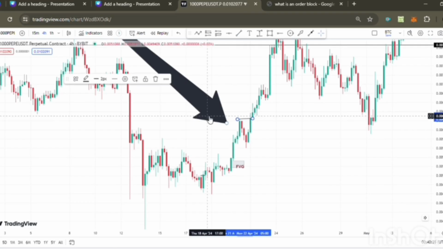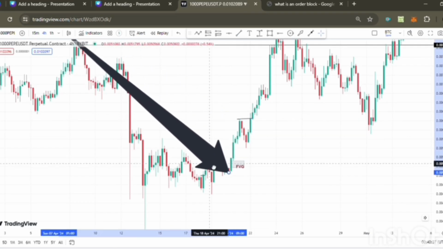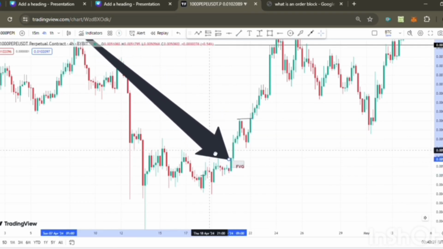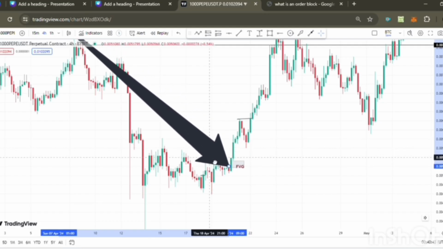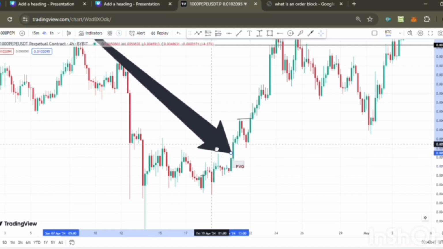After this order block was formed, it pushed back, leaving some market imbalance here, this gap between the three candles, and another gap here.